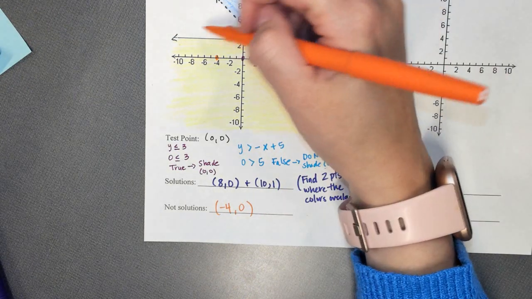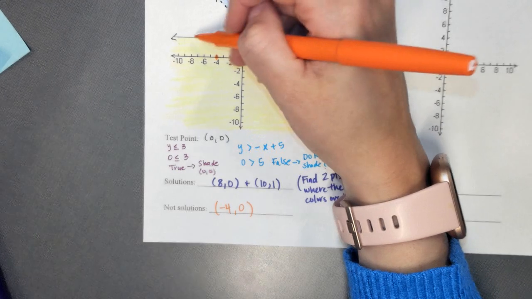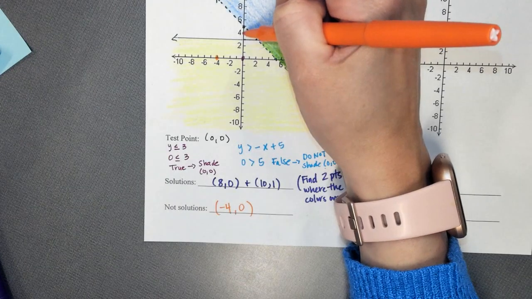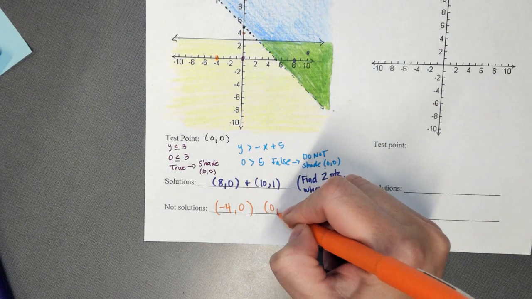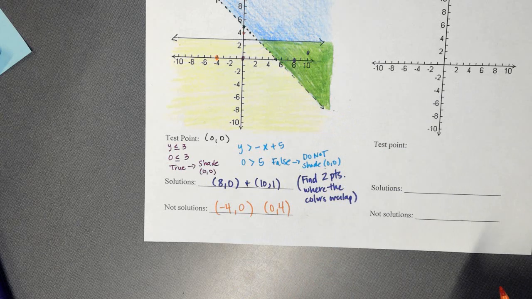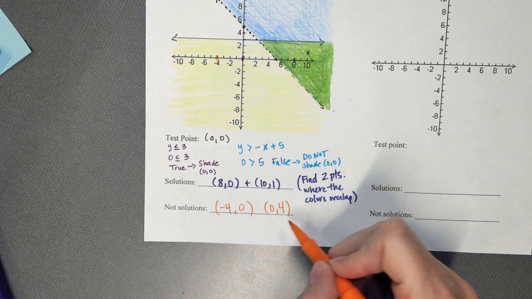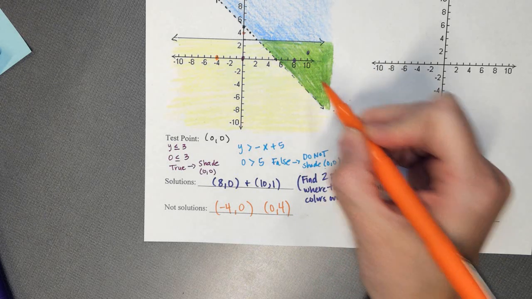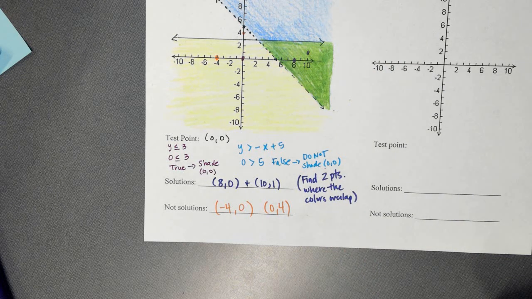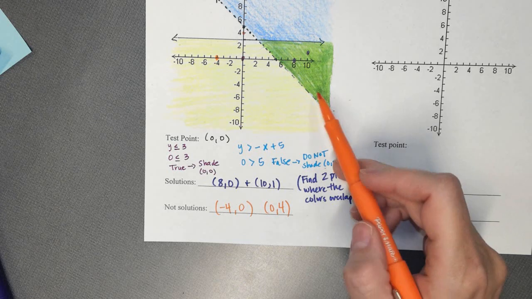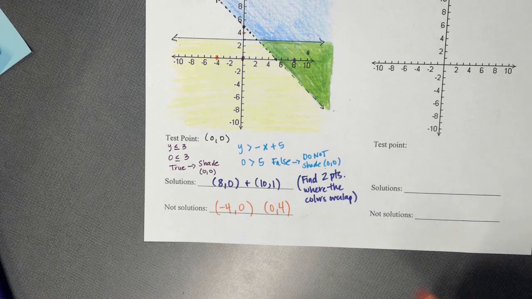If you want to put it in the white space, like here, 0, 4, that's not a solution. Okay, so the non-solutions are any place besides where the two colors overlap. So any point not in that region.